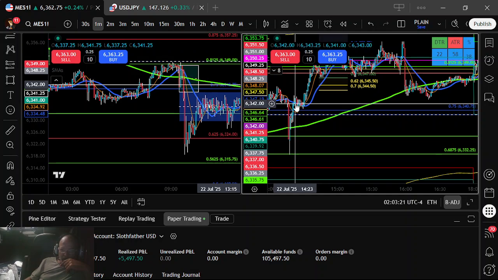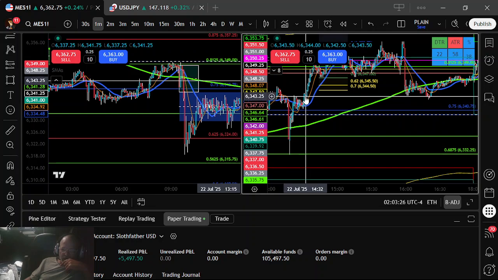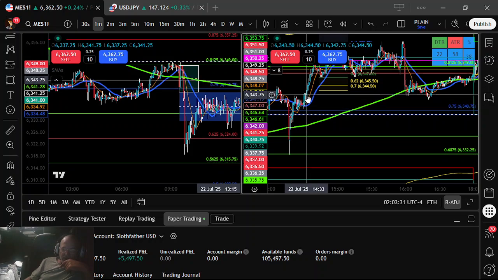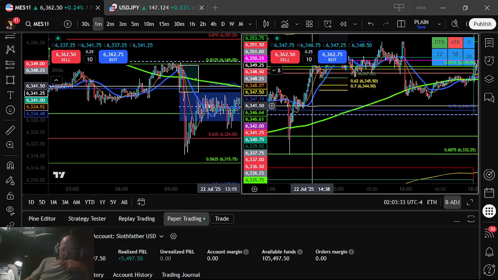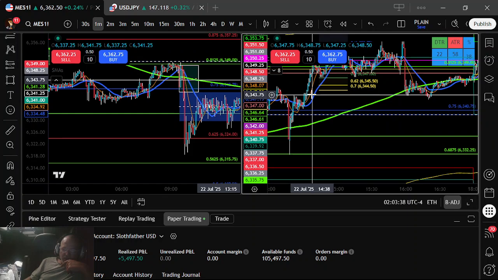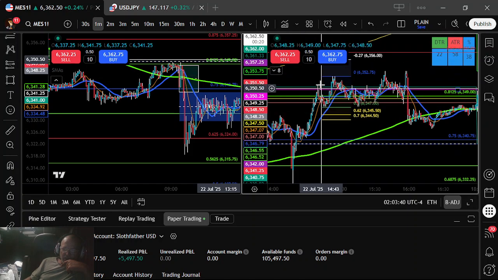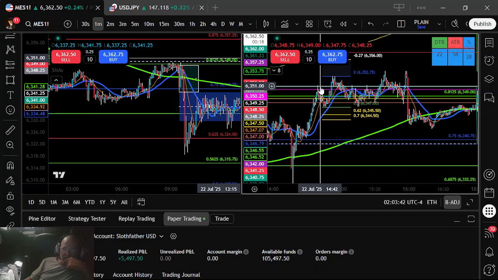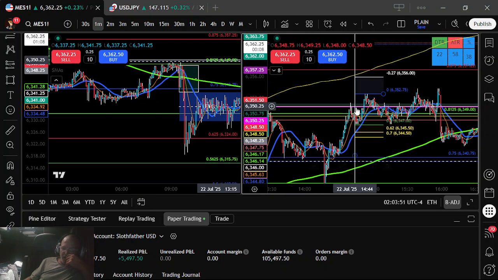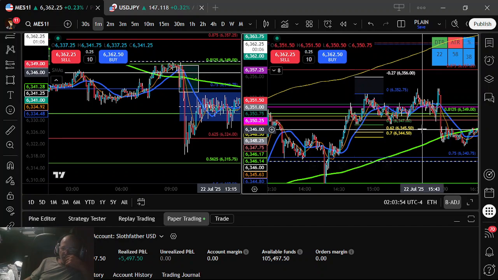You could have entered anywhere in this area or even waited for the clearing bar here off the 9 and the 21 and then just risk that bar and you would be good. That's 43.75 back up to the daily, 7 points. Would have been a good, nice $400 or $500 there.